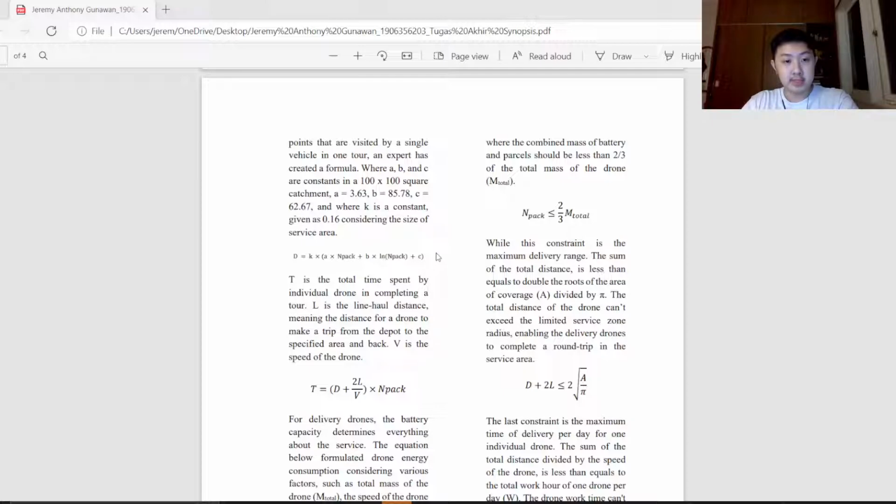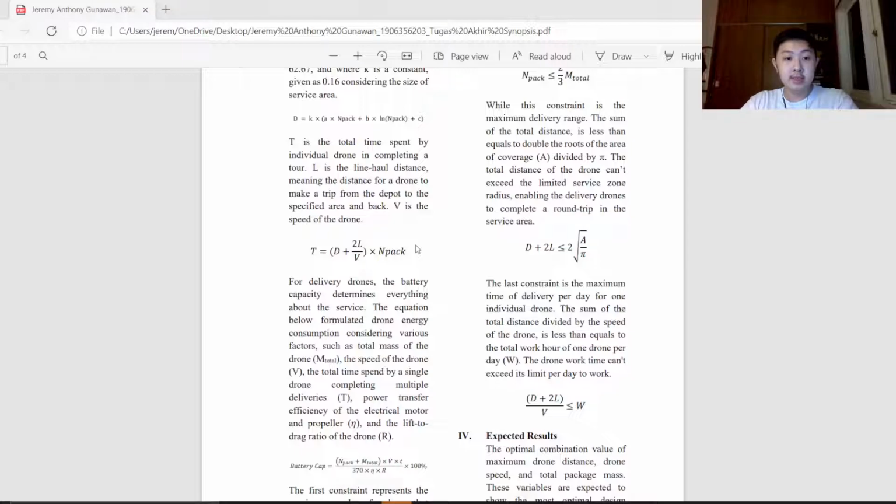So the formula is D equals K times A times N pack, number of packages, plus B times N packages plus C.